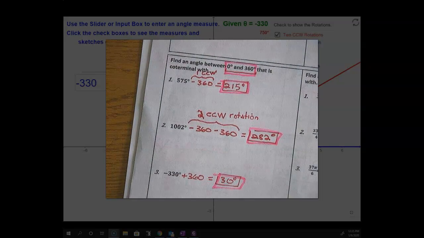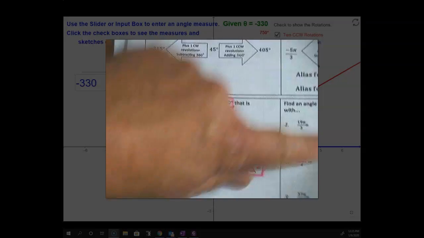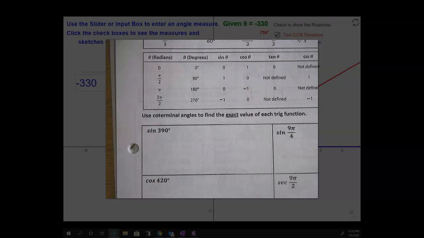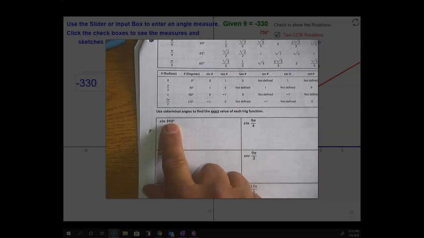Now, the reason we use coterminal angles, over here, if on the next page I gave you, find the exact value of the sine of 390.